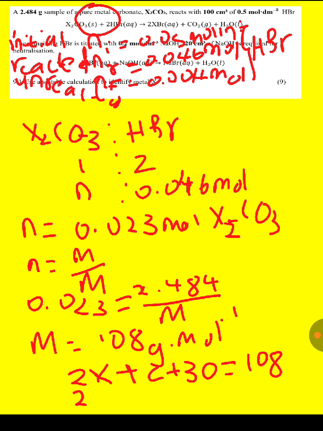Now for 2X I do not know. For carbon, the molar mass is 12. The molar mass of oxygen is 16, equal to 108.